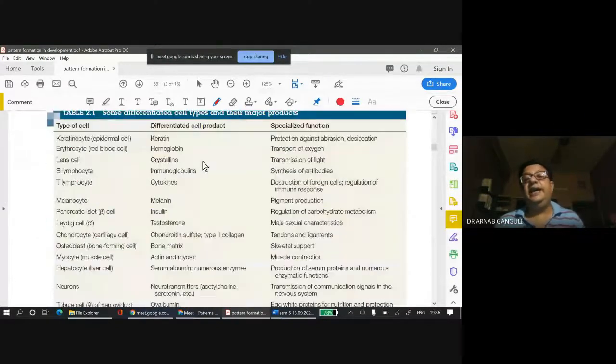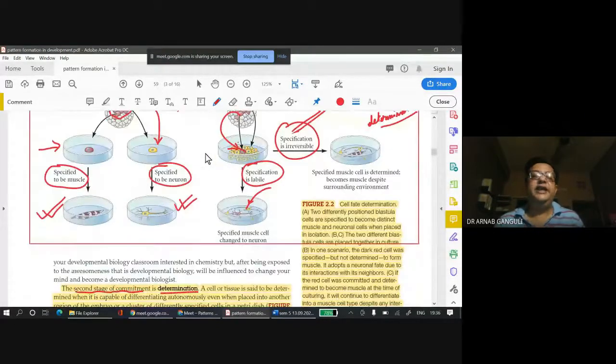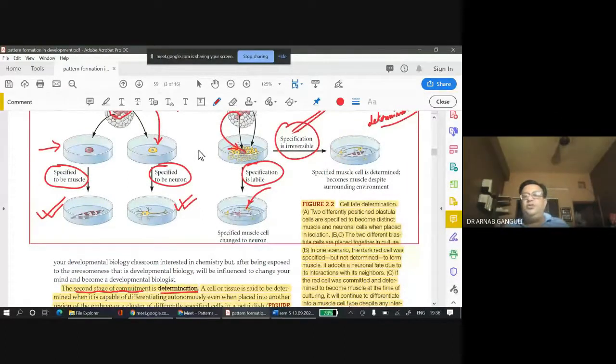Commitment can be divided into specification and determination. In specification, if better partners don't come, they will marry eventually. But suddenly you put them in a batch of very nice boys, they will not marry. They will get determined with somebody else.